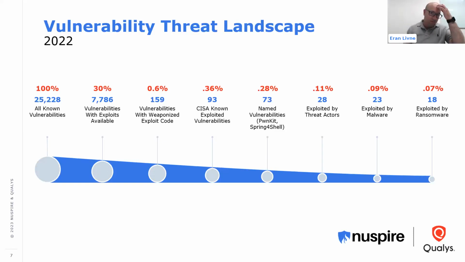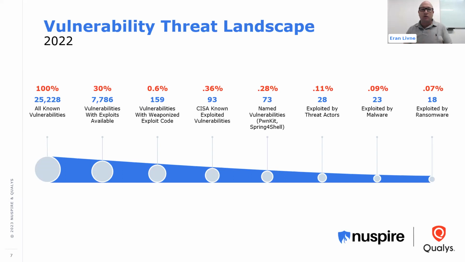What's even more interesting is only 159 of those exploited vulnerabilities, somebody weaponized and wrote the code and uploaded it to GitHub or any other place. So it was actually something you can use to exploit the vulnerability. So about 8,000 are theoretically exploitable, 159 have weaponized code ready to be used.